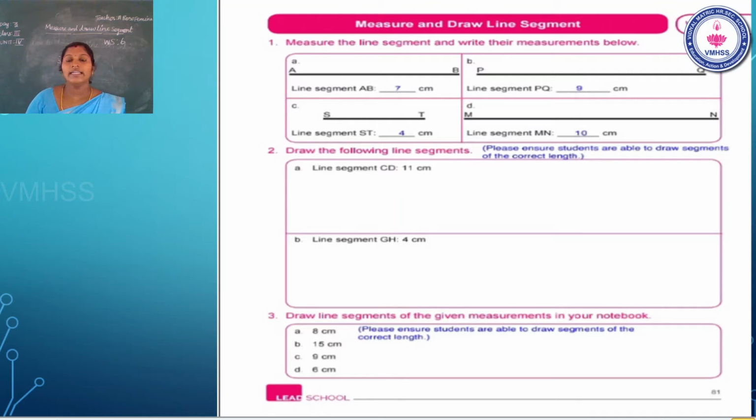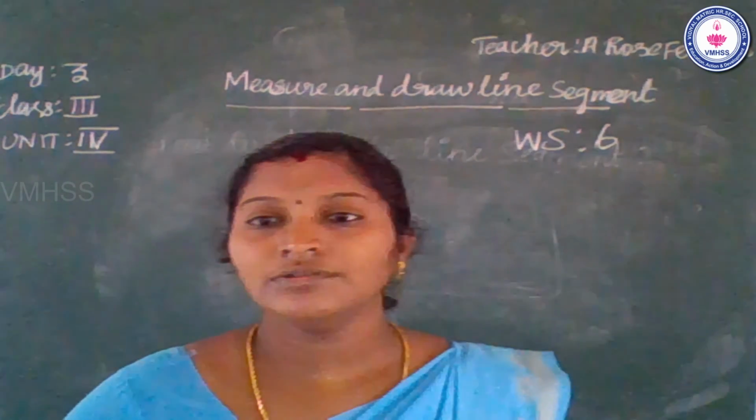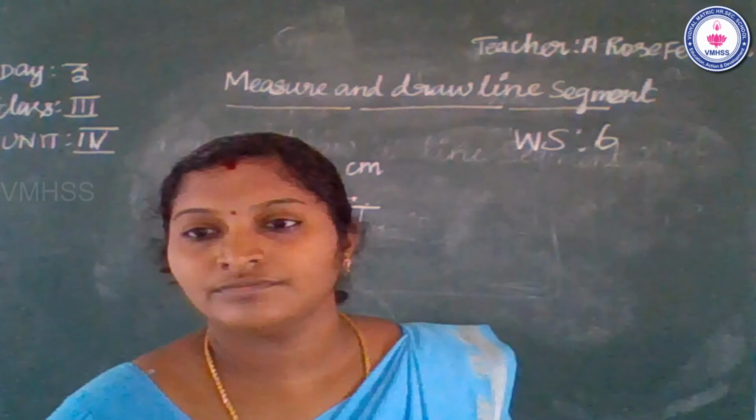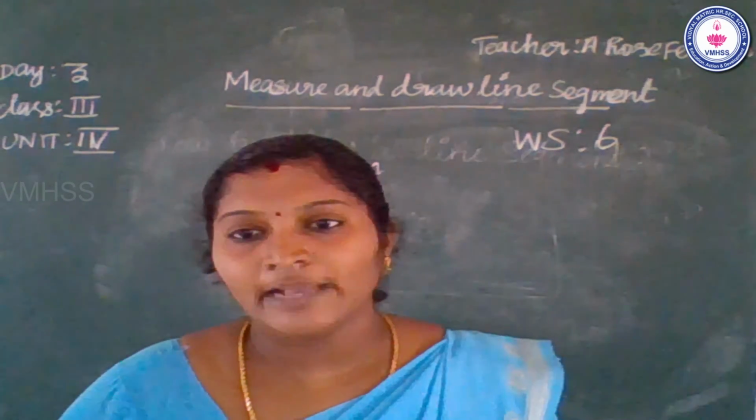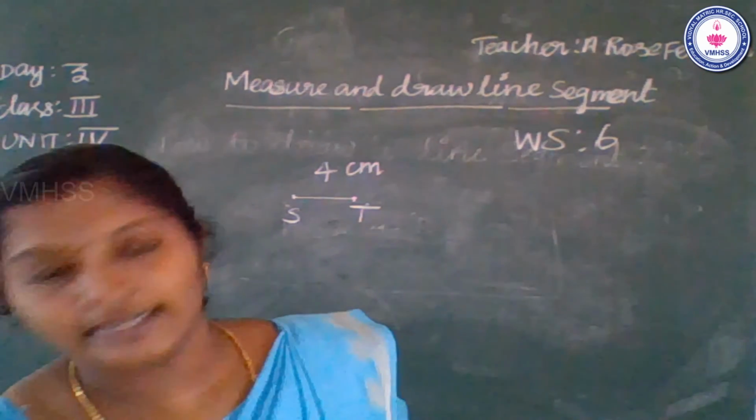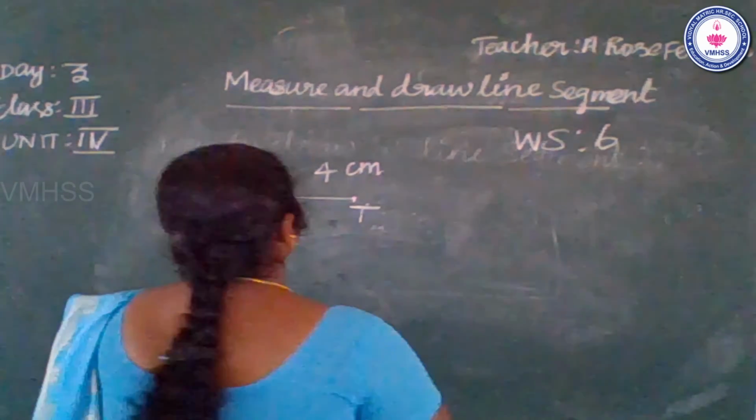Okay, next one, draw the following line segment. See the board. What is the first one? Line segment CD, 11 centimeter.